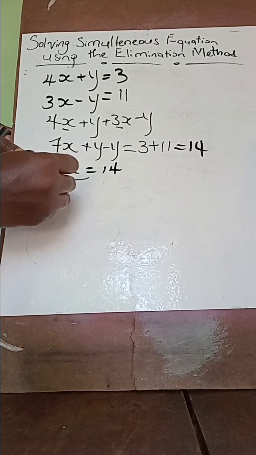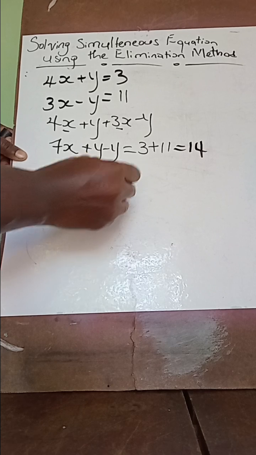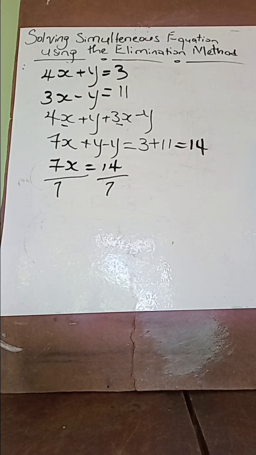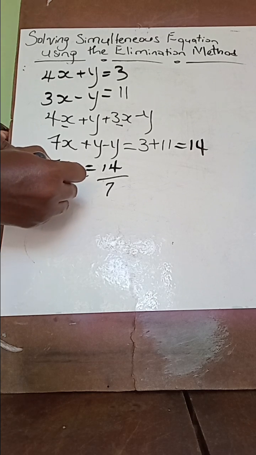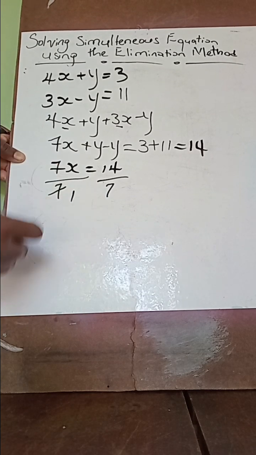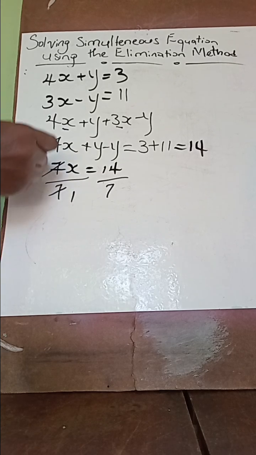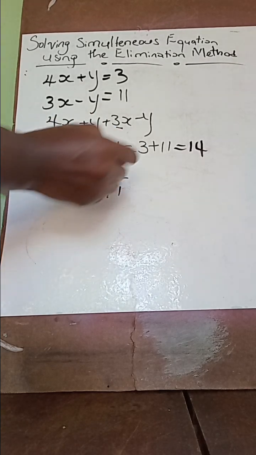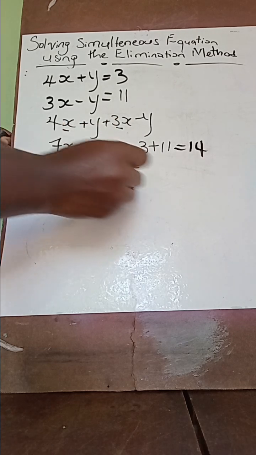So we're going to divide by 7 on both sides, right? So now the next step is canceling. We're going to cancel 7 into itself one time, and 7 into 14 two times. So we're only left with x.